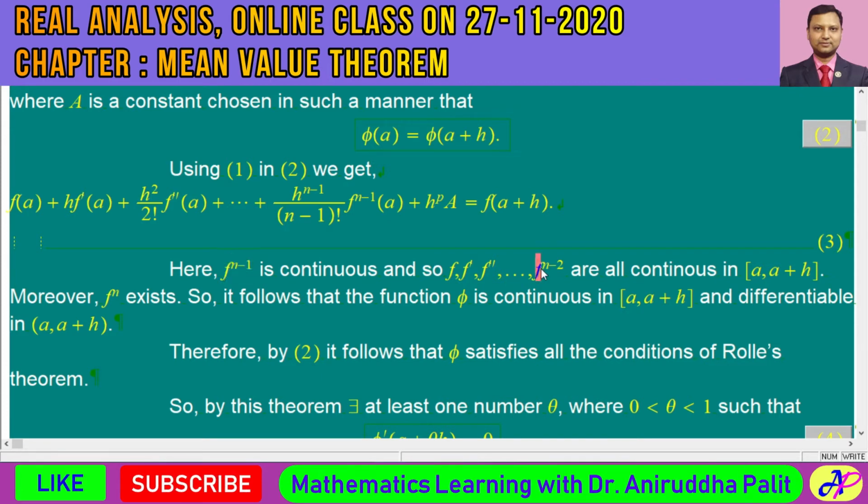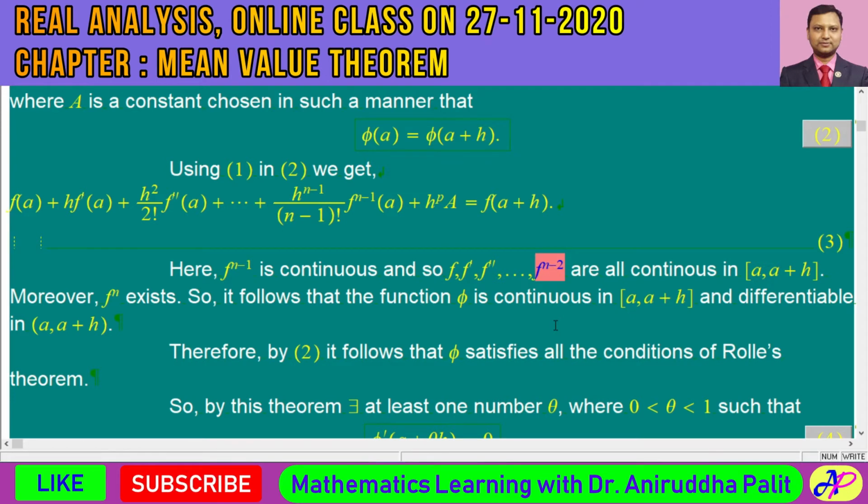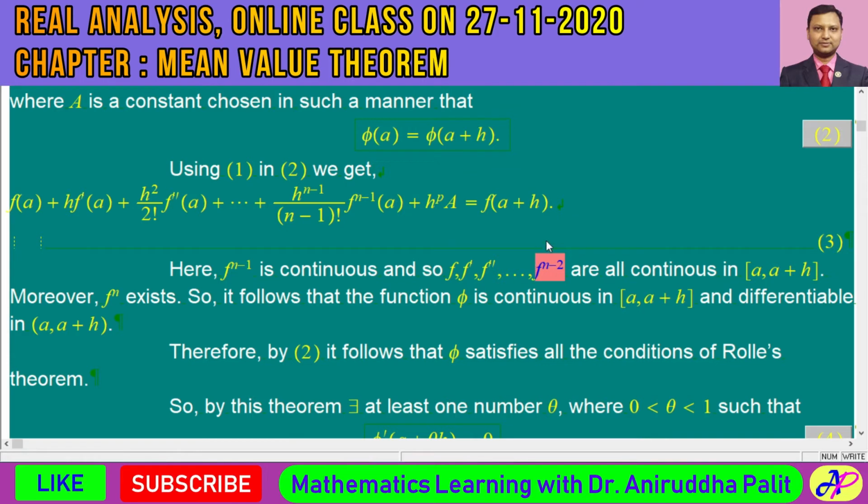So we can say that this function is differentiable, and because it is differentiable, we know that a differentiable function is always a continuous function.